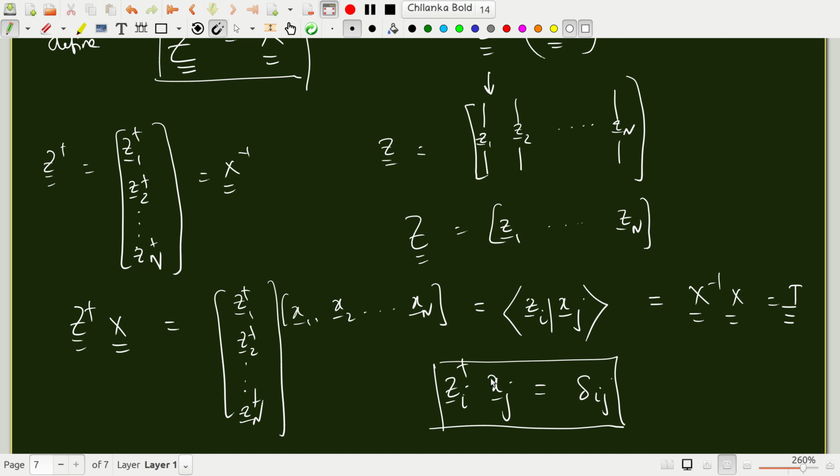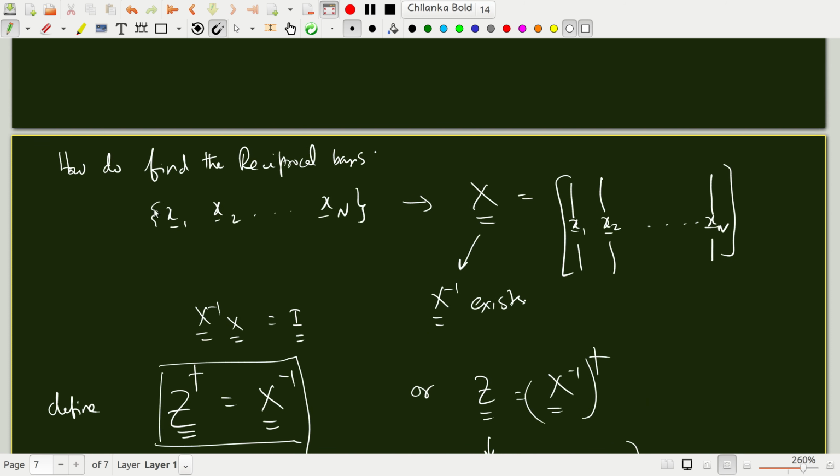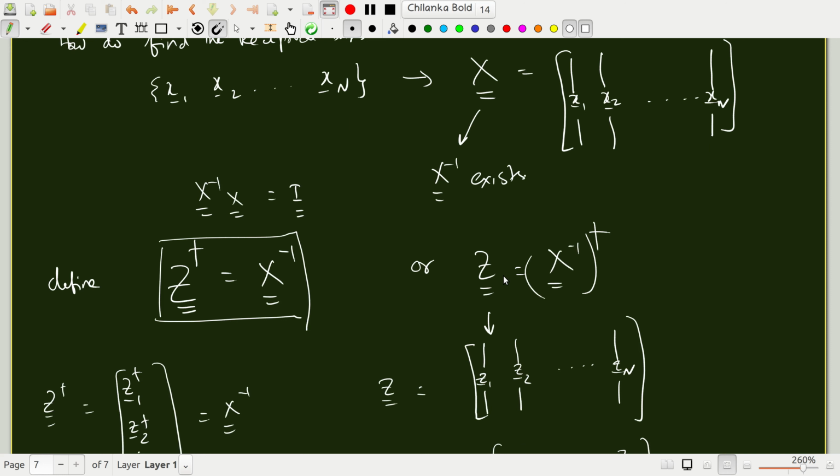So that is how one finds the reciprocal set. You take the original set of vectors and write it as a matrix in terms of column vectors, and X inverse is bound to exist because they are linearly independent. Define Z such that Z dagger is X inverse, or Z is X inverse whole dagger.